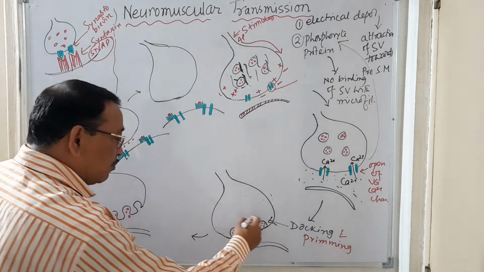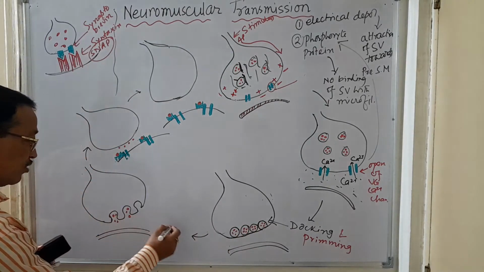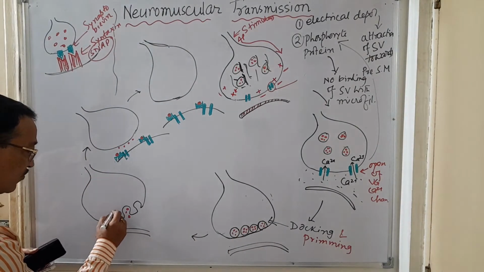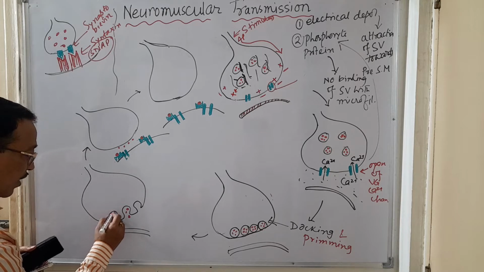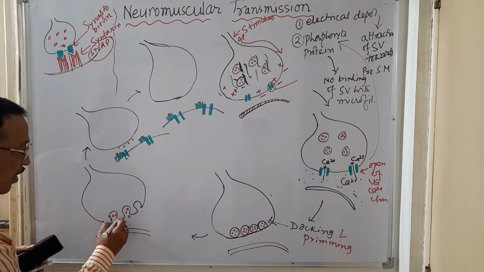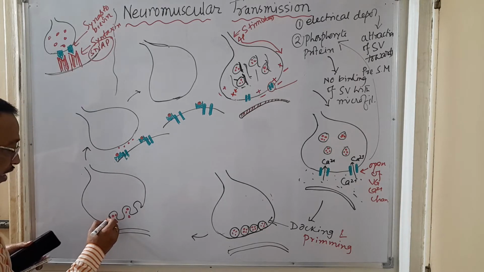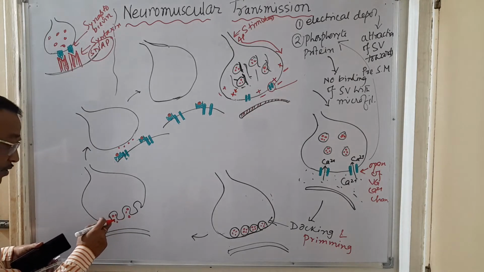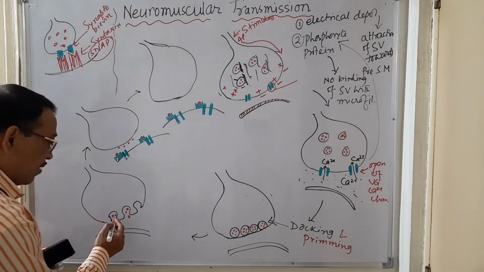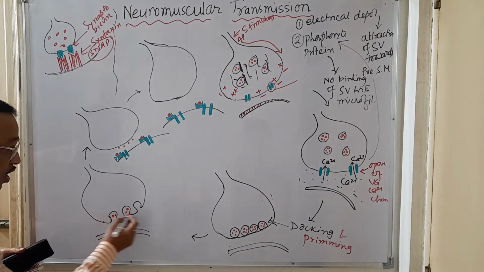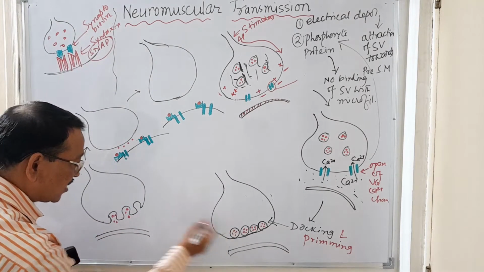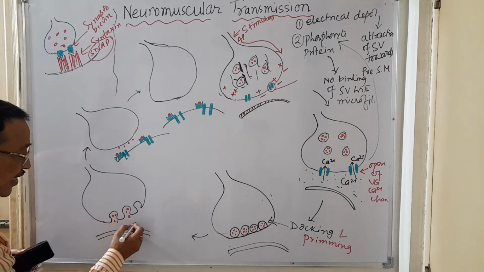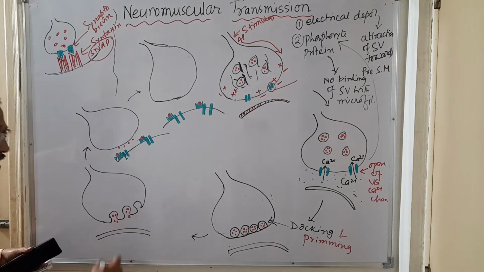So ultimately what's happened, here you see there is a fusion of the synaptic vesicular membrane and the presynaptic membrane. The synaptic vesicular membrane gets fused with the presynaptic membrane, and thereby neurotransmitters which were present in the synaptic vesicles are now exposed to the extracellular fluid present in the synaptic cleft.